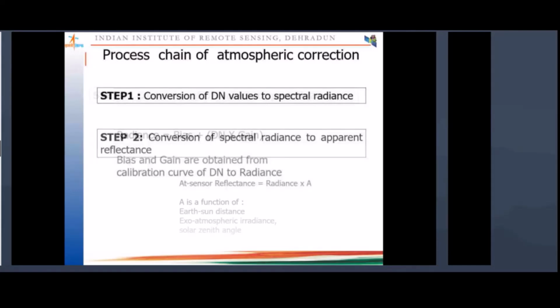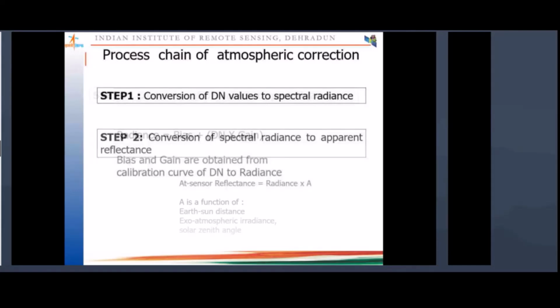So Earth-Sun distance will be taken in terms of astronomical units. This can be easily found from the web, the Earth-Sun distance for different Julian days. So this factor can be taken provided you know at what time of the year the data was captured.